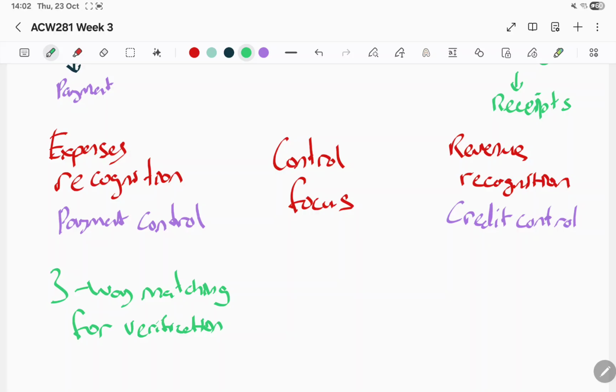Let me see. Invoicing, right? In the invoicing area over here, it varies.